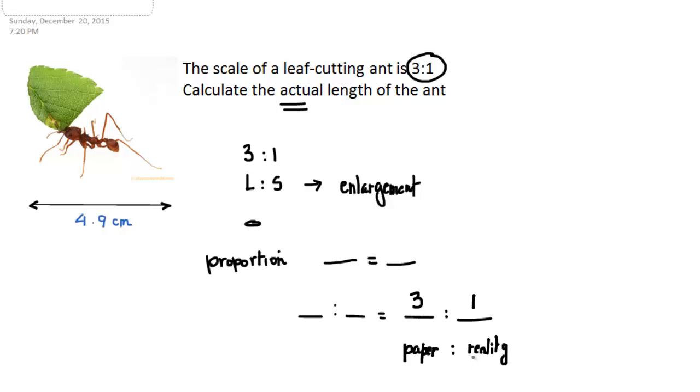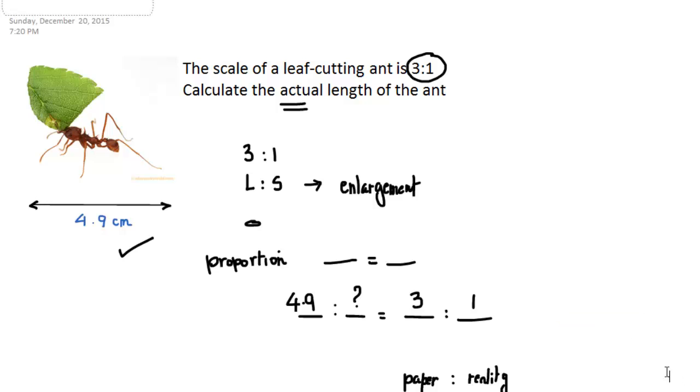I have on paper already the 4.9, so I add the 4.9 on this side, and I'm looking for the actual length of the ant. So it's going to be 4.9 to something equal to 3:1. And this is my question now.